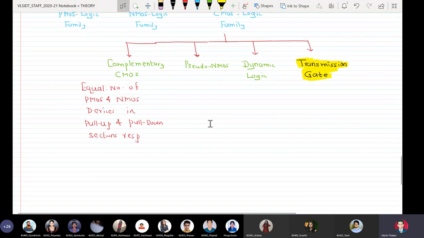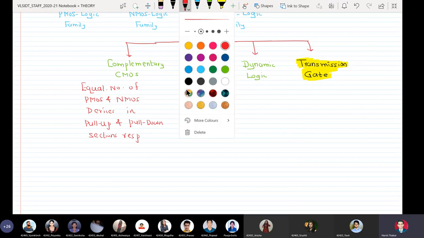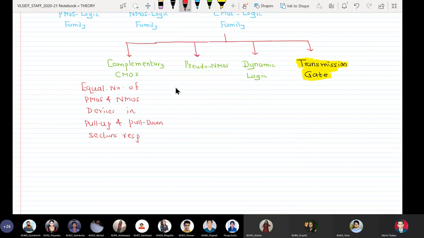Okay, pseudo NMOS is a mixture of pure NMOS and CMOS. So in pseudo NMOS, we have all NMOS devices plus one PMOS device.